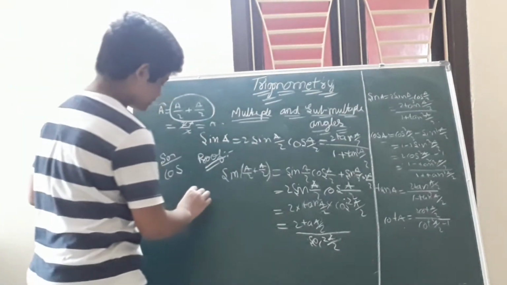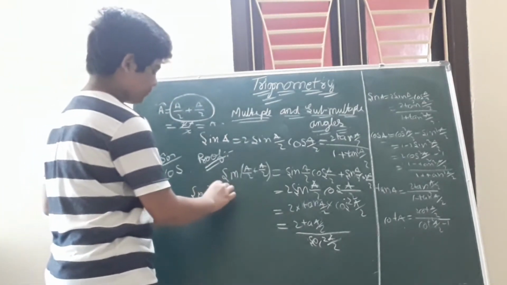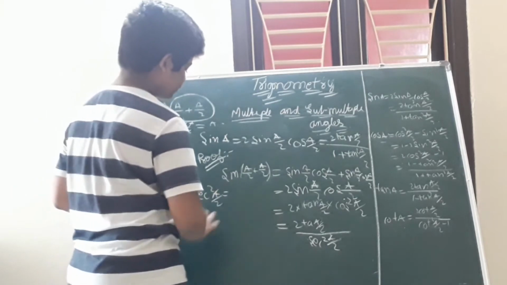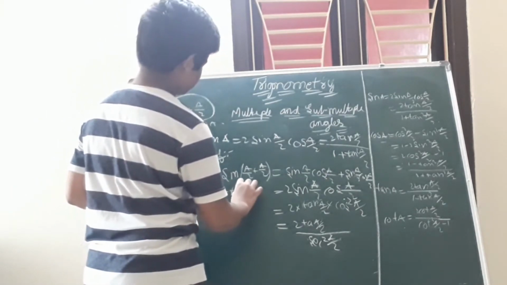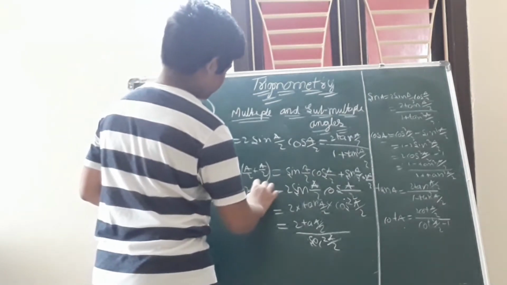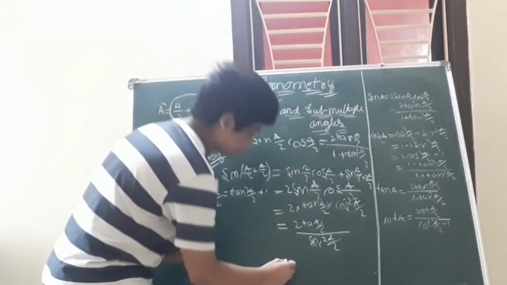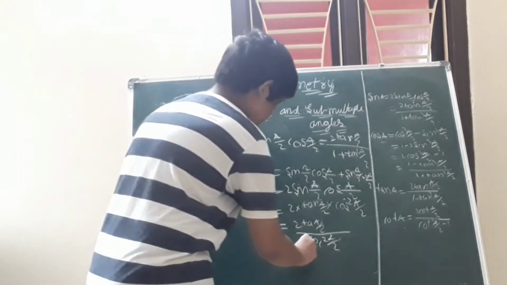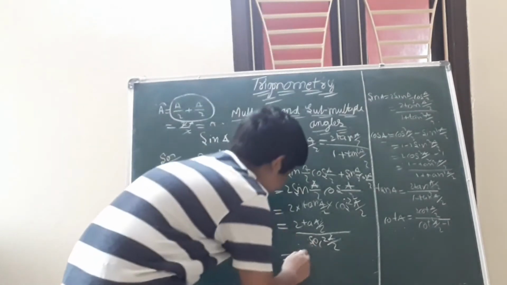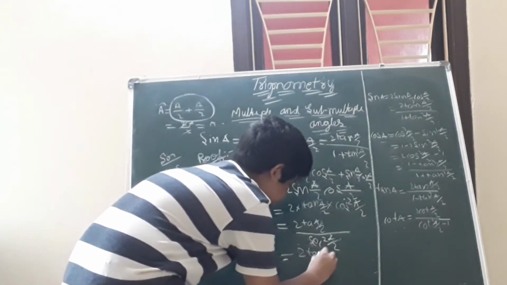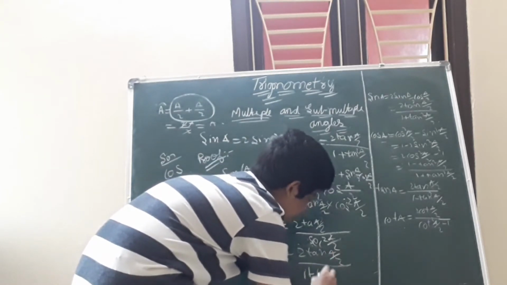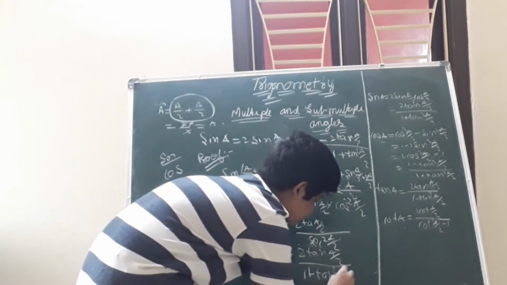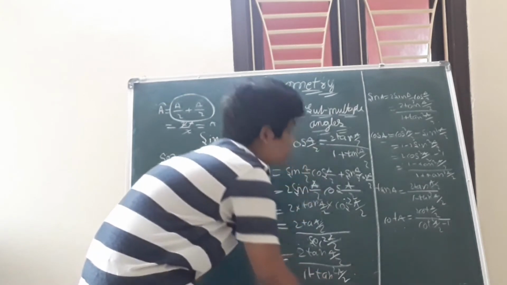So we know that secant square A by 2 equals 1 plus tan square A by 2. So now I am going to substitute that here. So it becomes 2 tan A by 2 by 1 plus tan square A by 2.